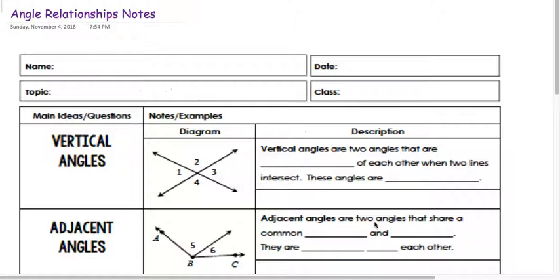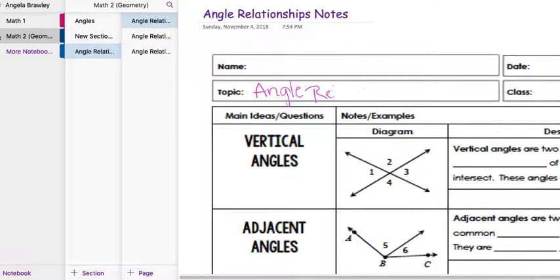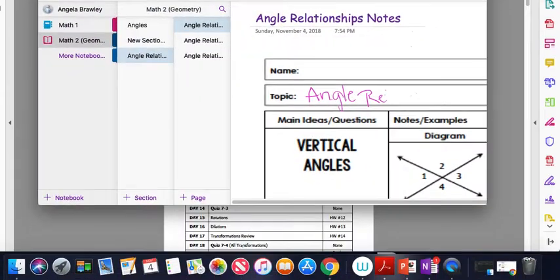Okay, so here at the top, just make sure that you go ahead and you put your name in there, and then here you can put today's date, and then here we're going to be writing down angle relationships. Let me just start that over because this is not working out.